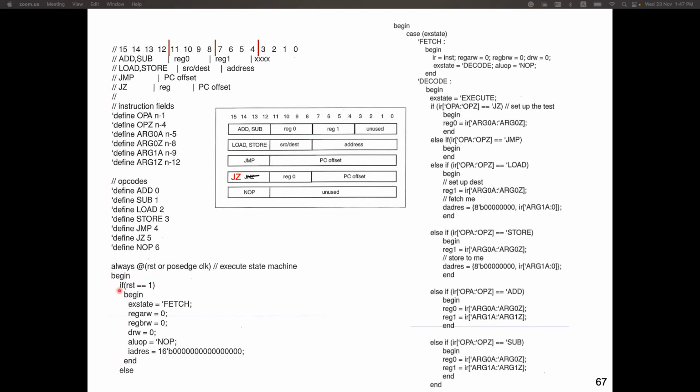First, we look at whether it is reset or not. If the reset signal is high, then reset the processor. The execution state returns to fetch, the first state. Register read/write control is 0. The data read/write is also set to 0. No operation for the ALU. Instruction address returns to the 0 location.